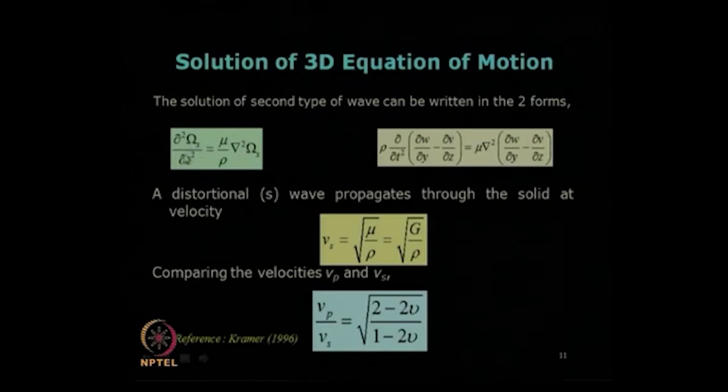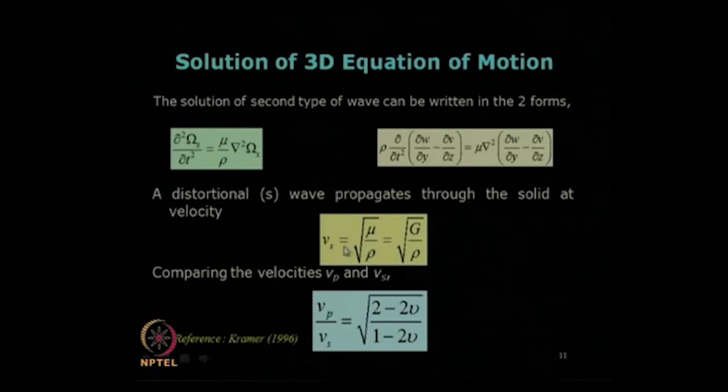So, we have now used the torsional strain relationship in this equation, which finally gives us the distortional wave velocity, expressed as V s, which is nothing but root over mu by rho. That is nothing but root over G by rho, because we know Lame's constant mu equals G.